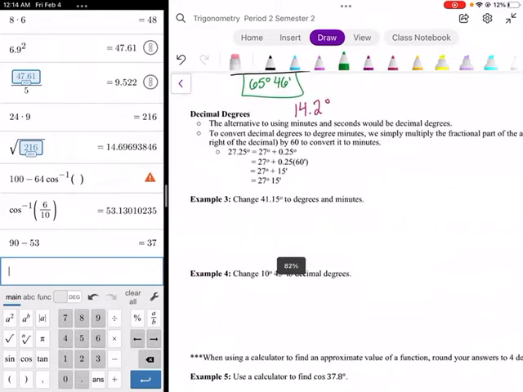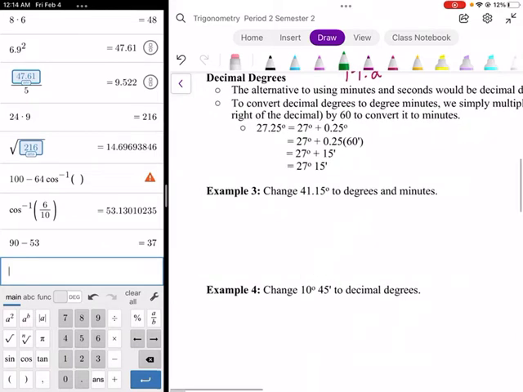And to do that, you are simply going to take the decimal part of your number, which this one is 0.25, and you are going to multiply it by 60 minutes. By doing that, you are going to convert it from degrees to minutes, which is where they get 27 degrees plus 15 minutes, making our final answer 27 degrees and 15 minutes.